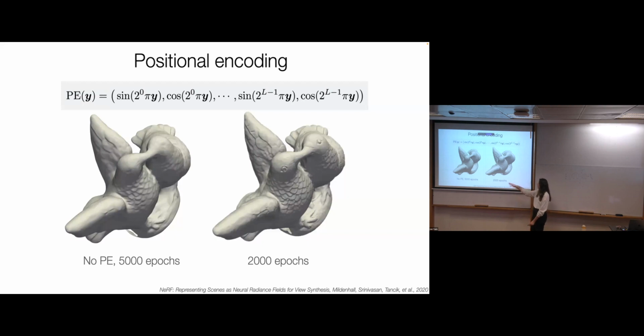You can see here in the ablation, if you train for surface reconstruction, we'll see the example also later, without positional encoding, just a simple MLP where the input is XYZ, it will take 5,000 epochs and you still reach a smooth surface, while with positional encoding, you can capture all the fine details in only 2,000 iterations.